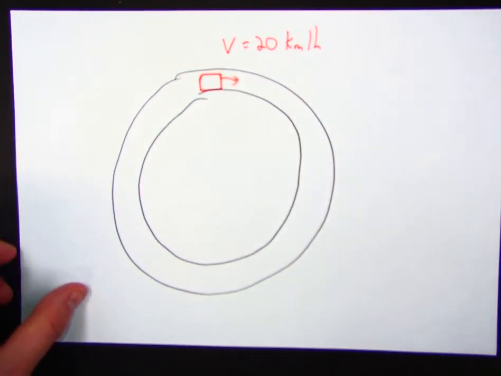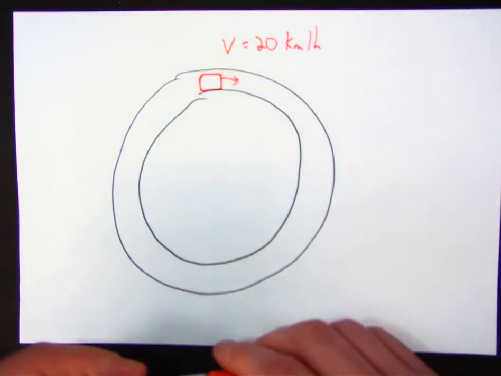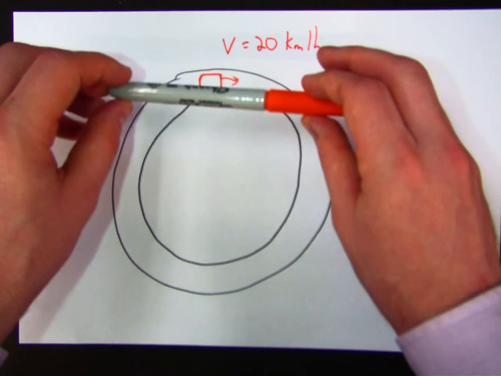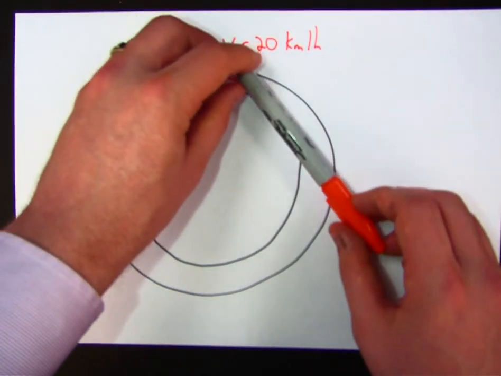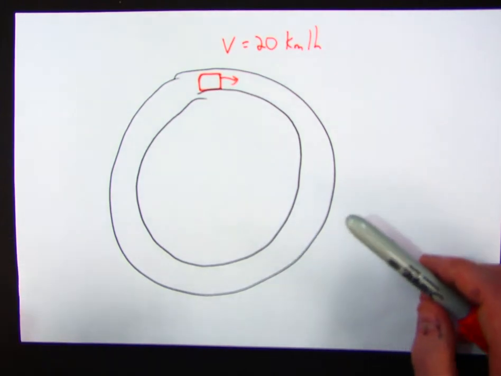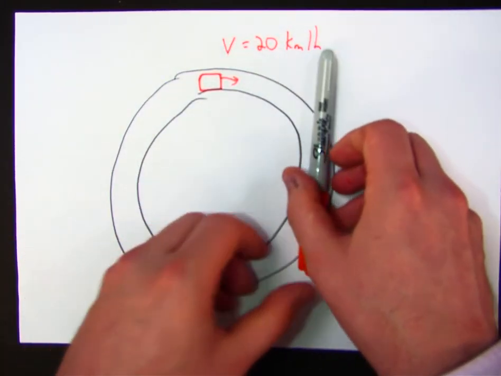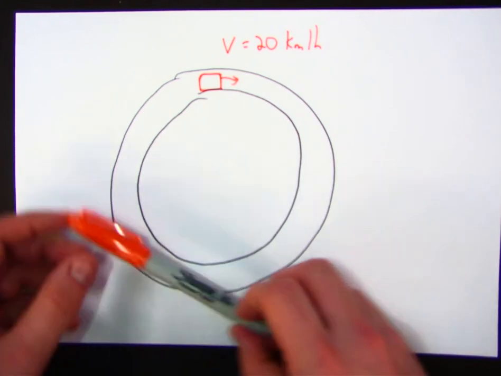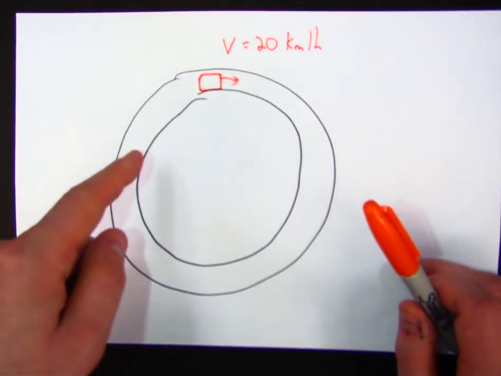If I take a look at this previous example, at any given moment, the instantaneous speed will be 20 kilometers an hour, and the instantaneous velocity will be 20 kilometers an hour in the given direction. It could be down, it could be to the left, it could be up, it could be at some angle, but it'll be in any given direction.